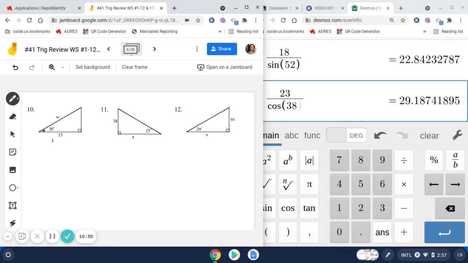This one is an adjacent and a hypotenuse again. Did you get cosine? So plugging into the cosine function, cosine of 38 is equal to adjacent over the hypotenuse. Remember that little thing that you're starting to notice, that it's just going to be 15 divided by the cosine. It's almost like the W and the cosine switch places.